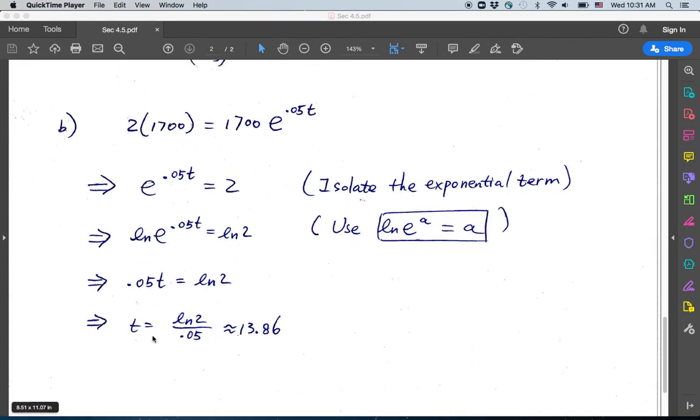And then you divide it by the coefficient on both sides. This gives us the exact value for the amount of time it took for the initial investment to double. You can use your calculator to get a decimal approximate for this number. That's going to be approximately 13.86 years. Okay, hope this helps.